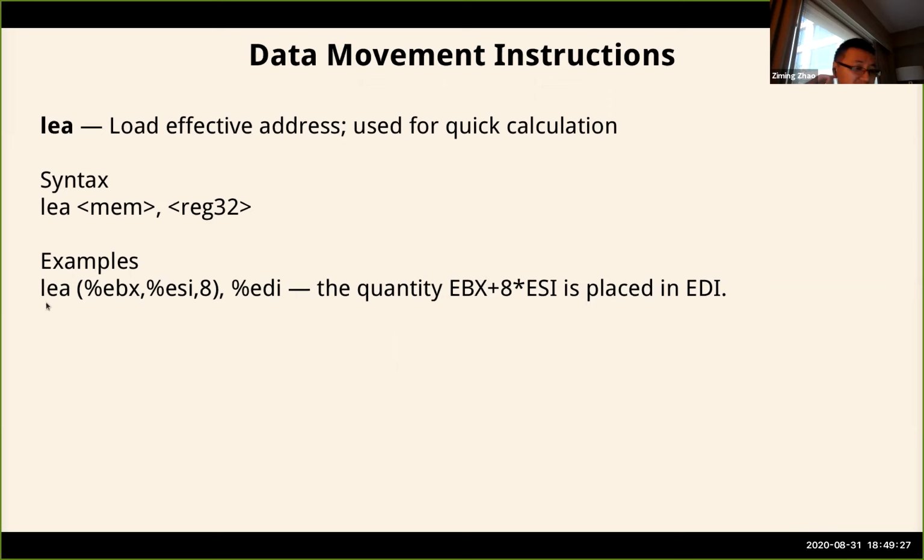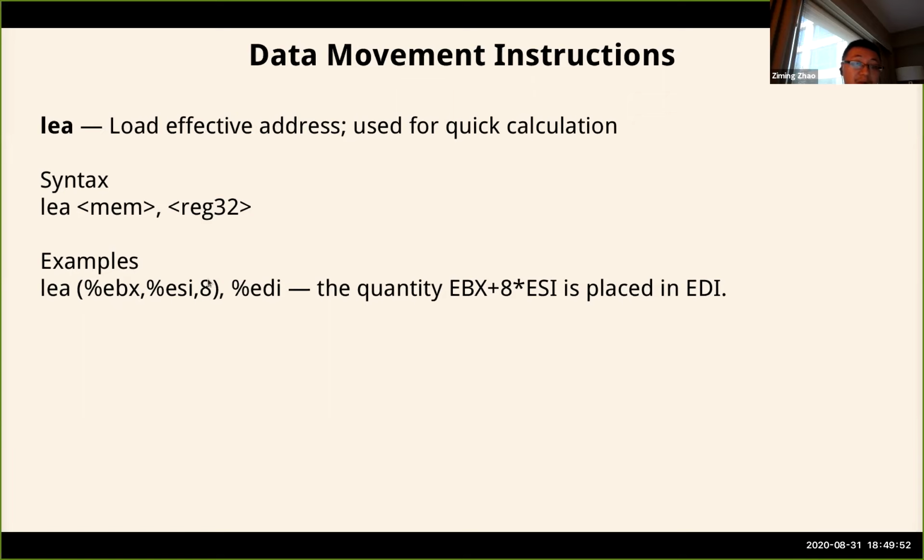So look at this instruction. The instruction is LEA. Then we have parentheses, and then we have the EDI. What we have in the parentheses is the register used as address, right? So we calculate this.